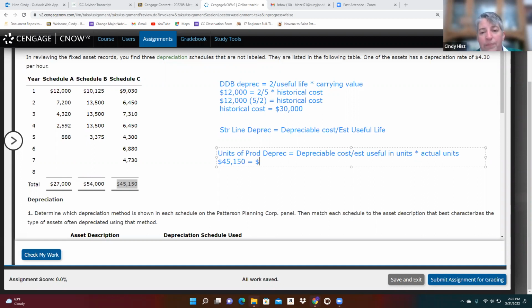And we know that the cost per unit is $4.30. That's given in the problem, $4.30 per unit. That's this part of the calculation. Depreciable cost divided by estimated useful life in units.